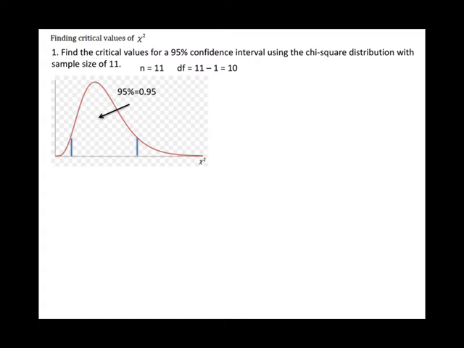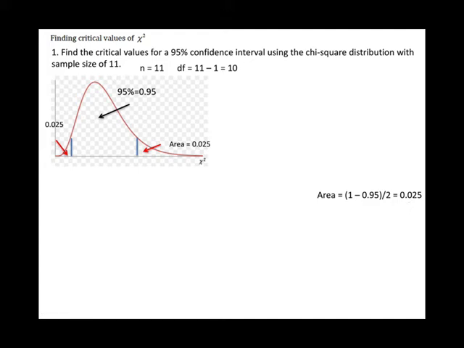Remember the total area under the curve is 1, so we do 1 minus 0.95, taking out the middle part, and then divide by 2. So the area of each tail is 0.025.